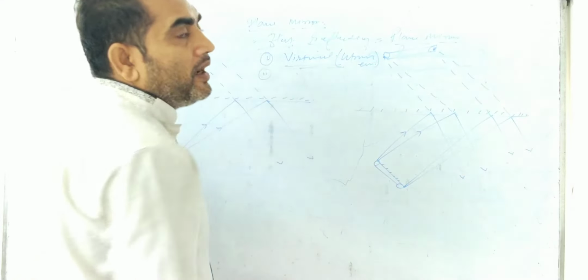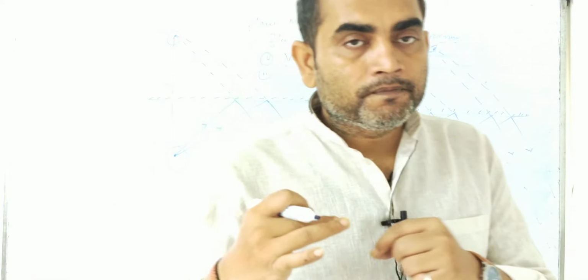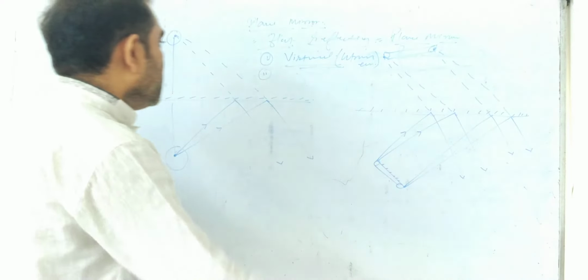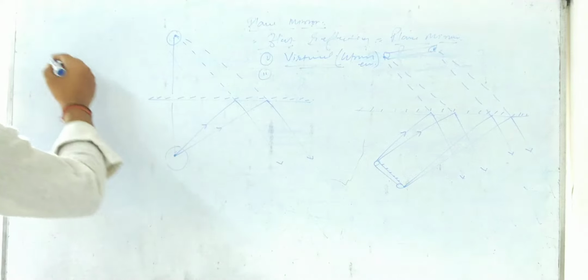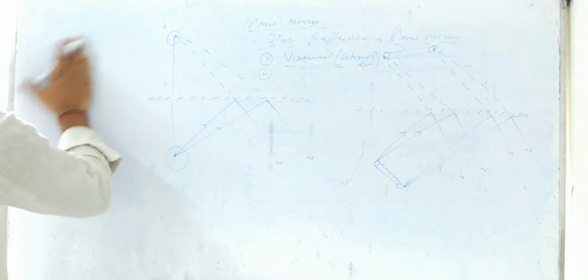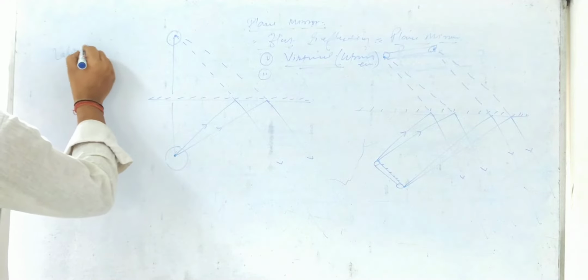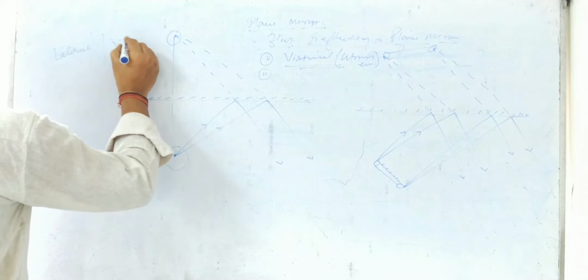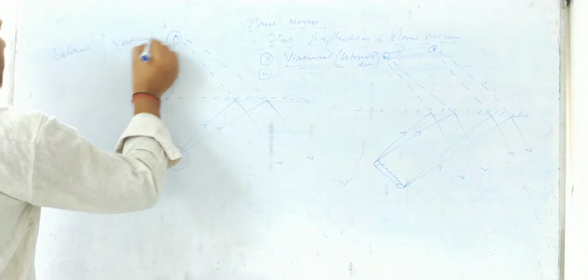Next, it is laterally inverted. What is laterally inverted? There are two types of inversion in case of light. One is the lateral inversion and the other is the vertical inversion.